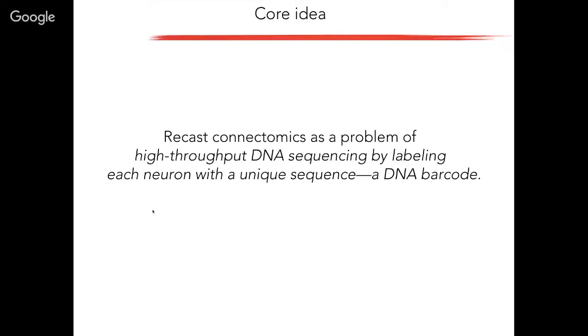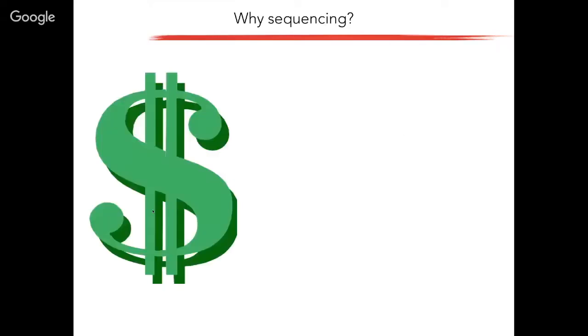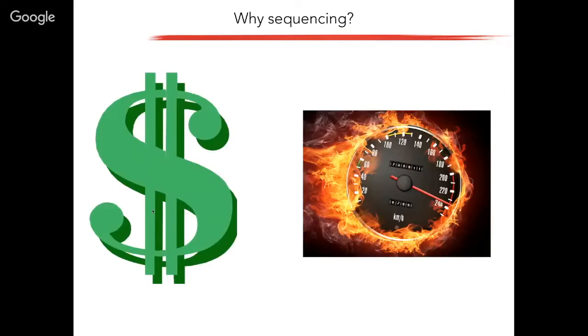That greatly simplifies the problem, and it allows us to exploit the tremendous improvements in DNA sequencing technology and more generally molecular biology. So why sequencing? Because sequencing is fast and cheap.